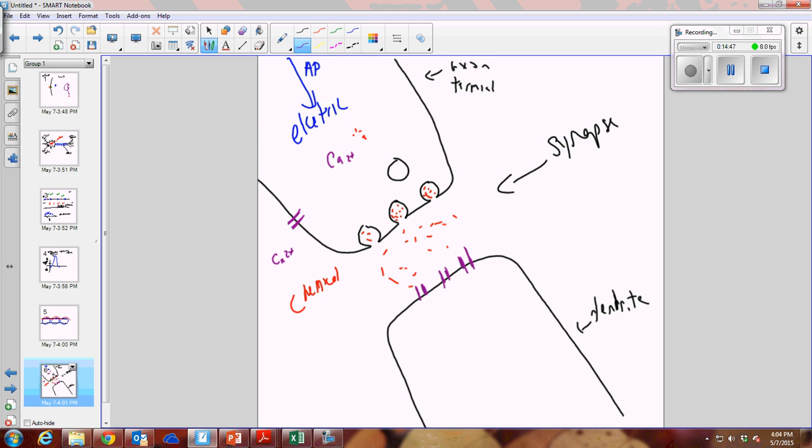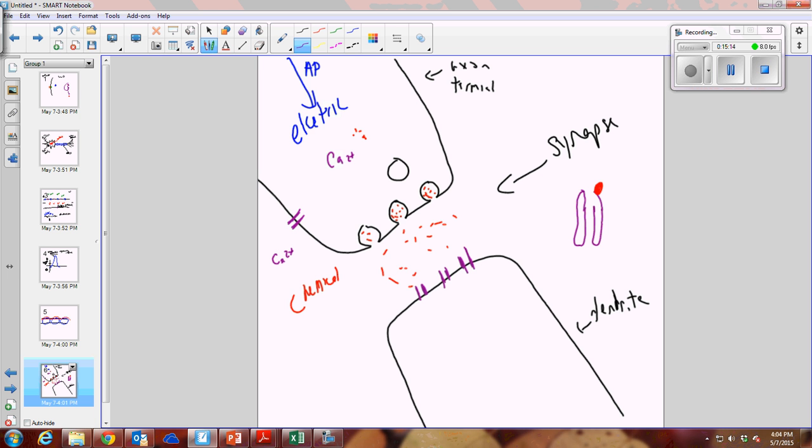And so let me zoom in a little bit here. Here's like one of those channels, kind of close up. And so they are normally kind of closed like this. Well, this neurotransmitter will bind with that gate and cause it to open right up.